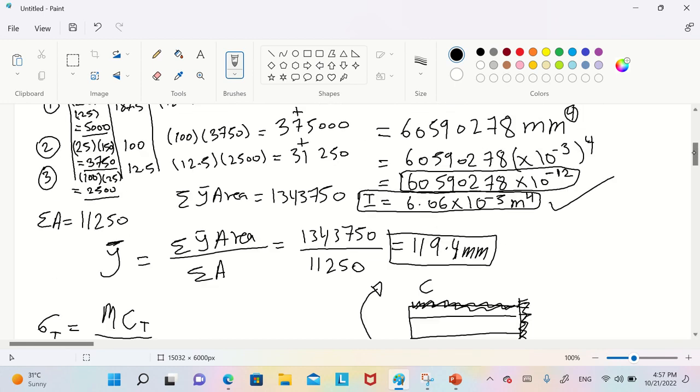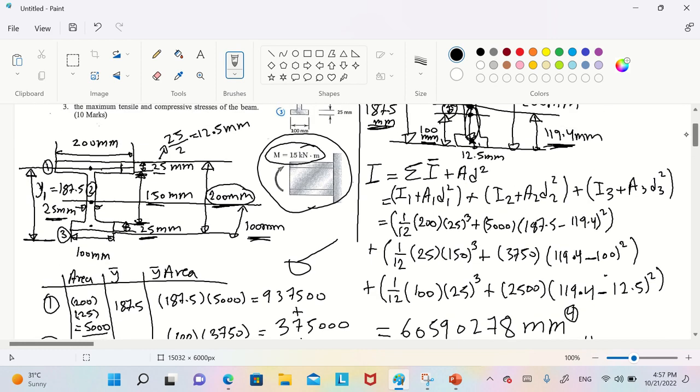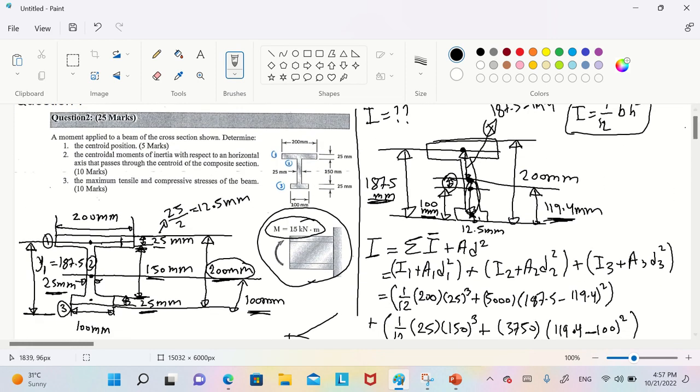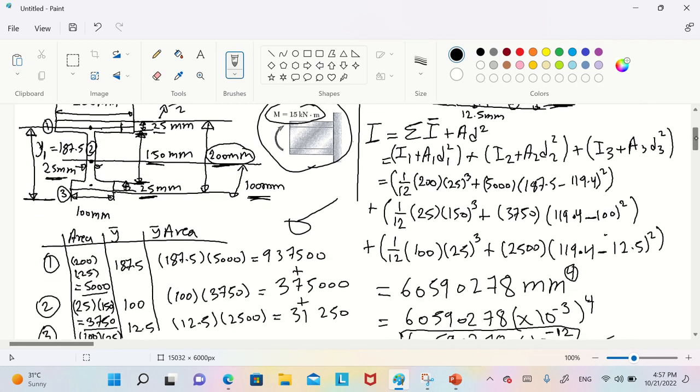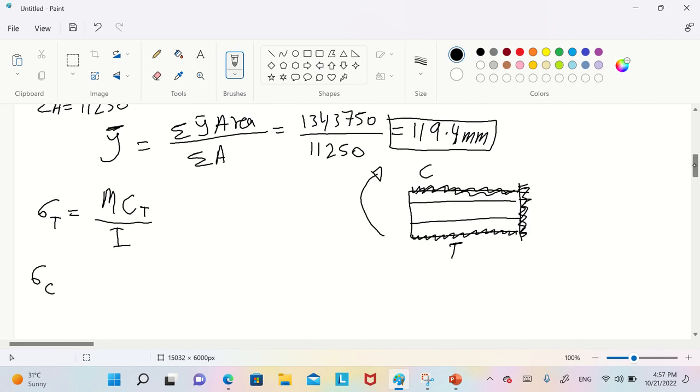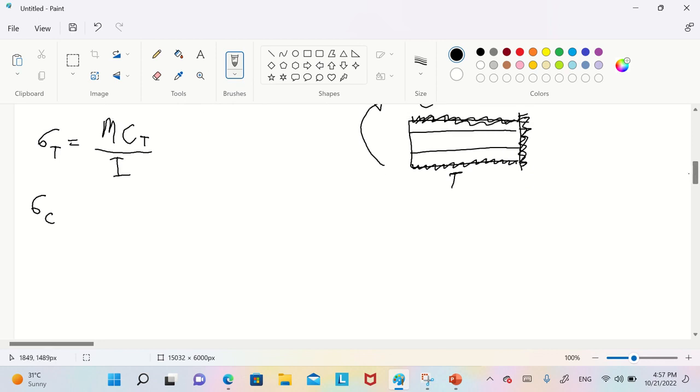So in this drawing it is getting here tension and here compression. I will draw it again. Here is the compression, here is the tension.